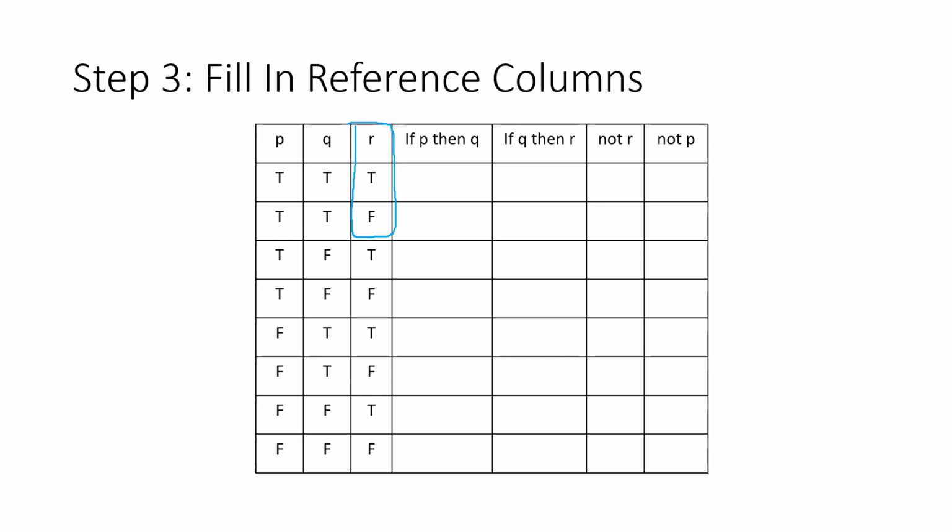Once you're adding in another claim, a different claim, Q, well, now you all of a sudden have more possibilities. Q could be true, or Q could be false. And Q could be true while R is true, or Q could be true while R is false. Also, Q could be false while R is true, or Q could be false while R is false.